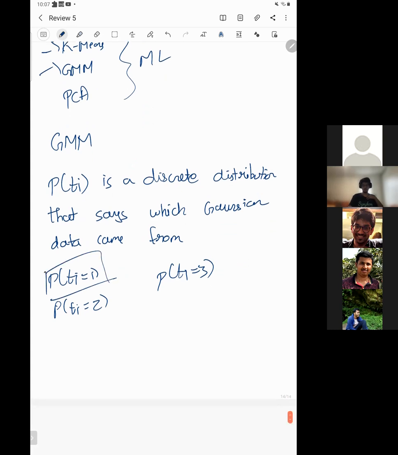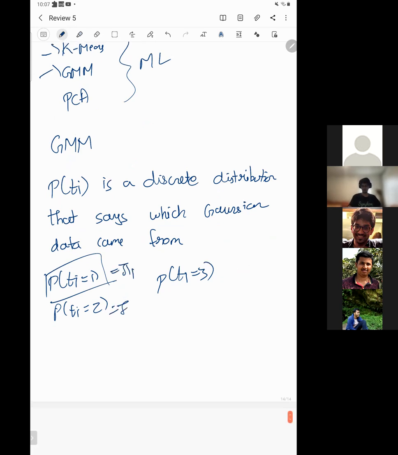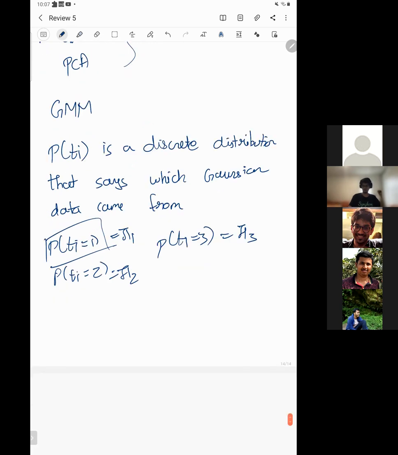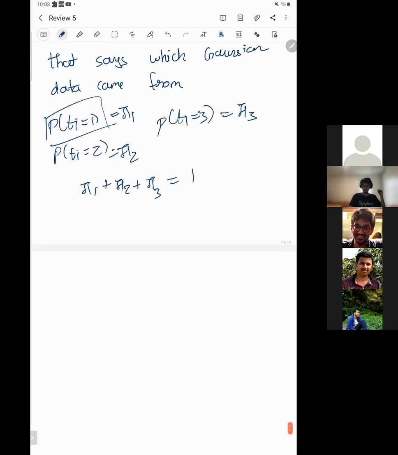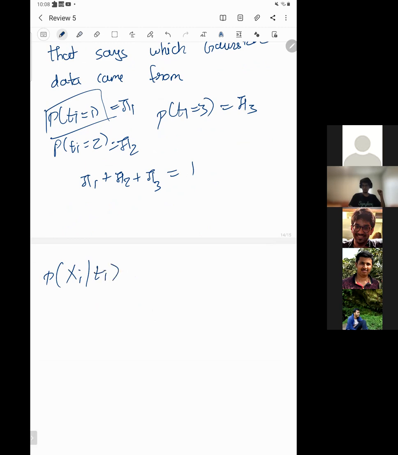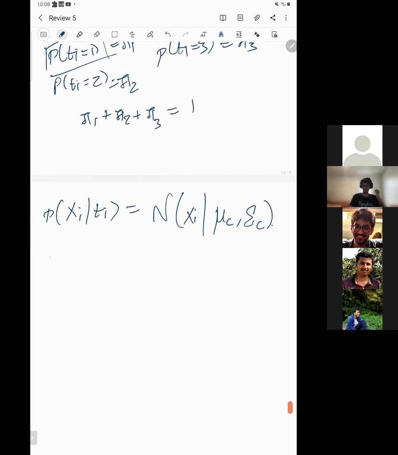And this would say that the probability of it coming from the first Gaussian is pi1, from the second Gaussian is pi2, and from the third Gaussian is pi3. And obviously, this should hold. And the conditional distribution is obviously a normal. Again, if C is 1, 2, 3, there are 3 different normals.